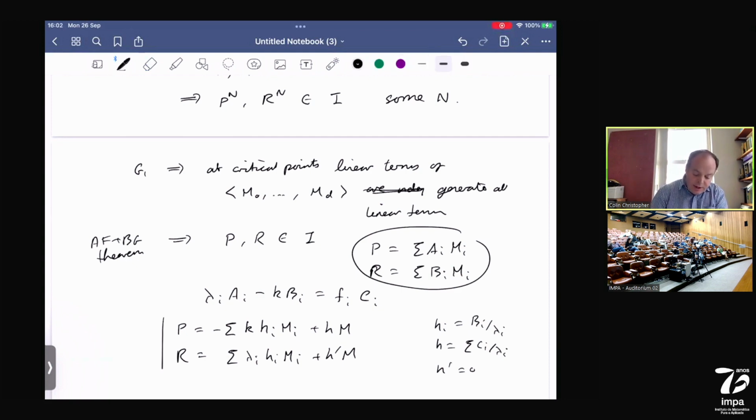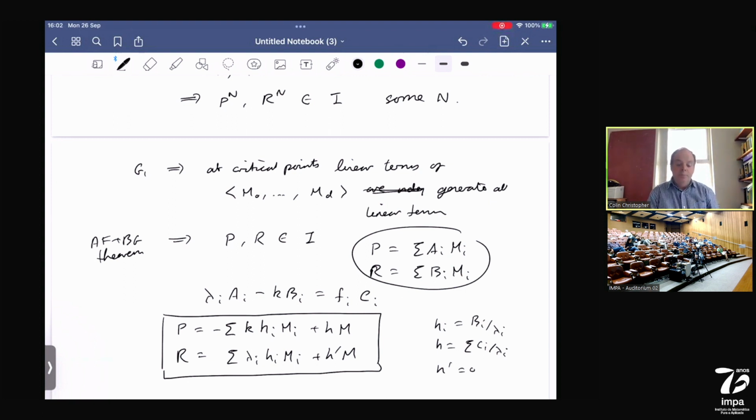Okay, so if we do have a Darboux relatively exact expression, then in general we can choose P and R to be in this form, where the HIs, H, and H prime are polynomials.